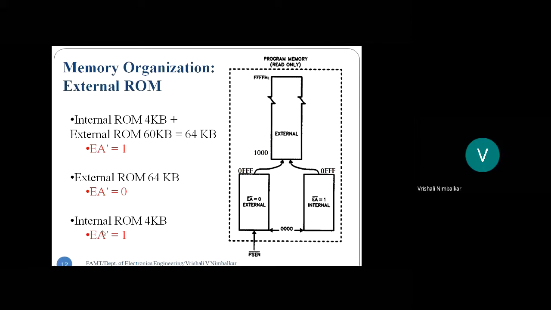And the last option is you purely use internal 4 KB. You're not connecting any external ROM. You're only using internal 4 KB ROM. Again, the EA bar pin will be disabled. So these are the 3 options of connecting a ROM memory: 4 KB plus 60 KB, or external 64 KB, or internal 4 KB.